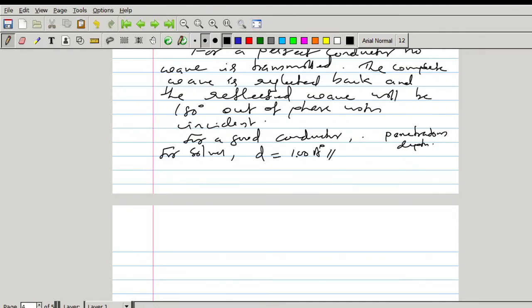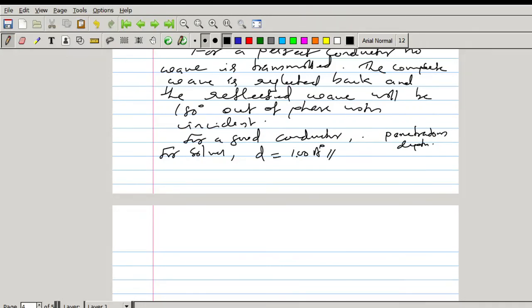200 angstrom means only 20 nanometer. So even with a silver coating of 15 or 20 nanometer on glass, you can have a good reflector. So you can construct mirrors using silver coating. Glass is used only for holding that coating, and the reflection takes place at the metallic coating.